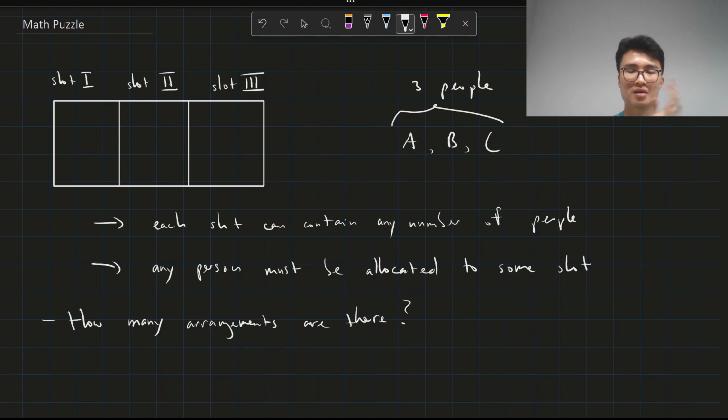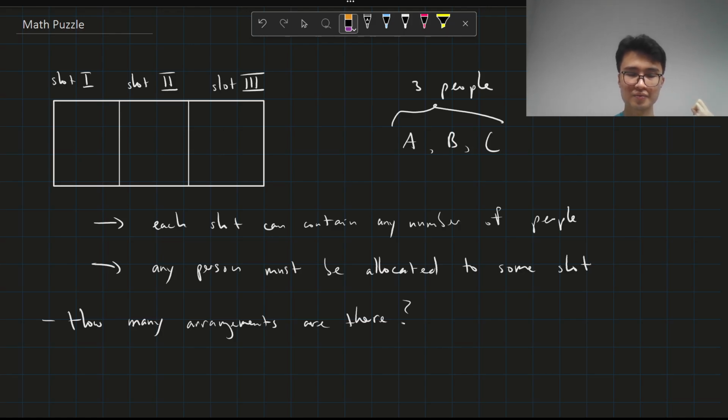For example, for the first arrangement, you can have A in slot one, B in slot two, and C in slot three. Another arrangement could be A, B in slot one, no one in slot two, and C in slot number three. That's another arrangement.